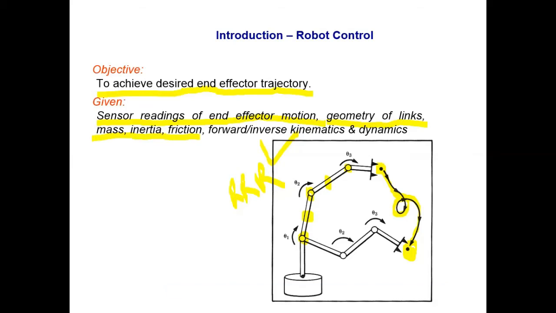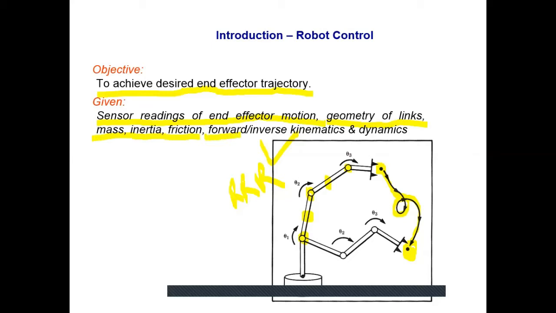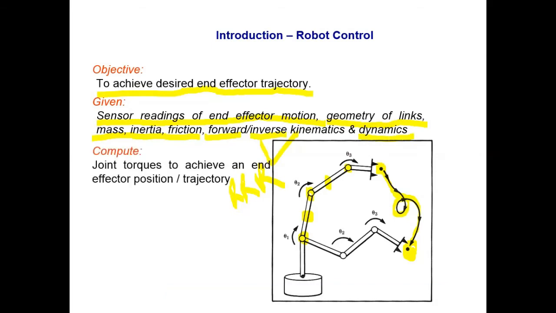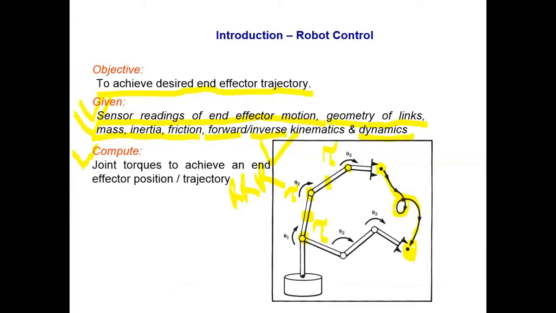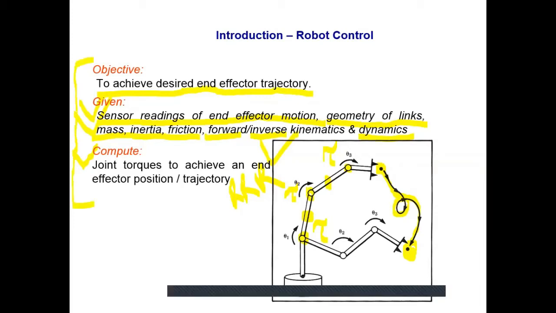The equations corresponding to forward kinematics, inverse kinematics, and forward and inverse dynamics are given. So we have to use all this given information to calculate the desired joint torques of each joint motor to achieve this particular trajectory. So what is the role of control in this complete process?